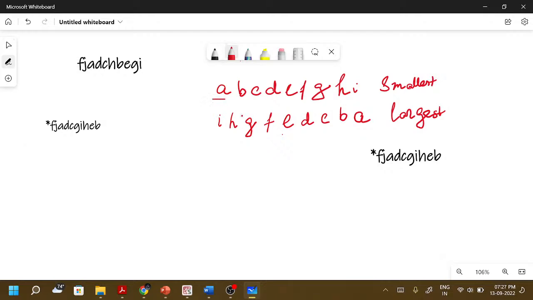A is before B, like that. So the smaller one should be before. So that's why I'm changing it. Now if we consider the previous of this one, we have another option, some more smaller than this one. So that's how we are doing it.